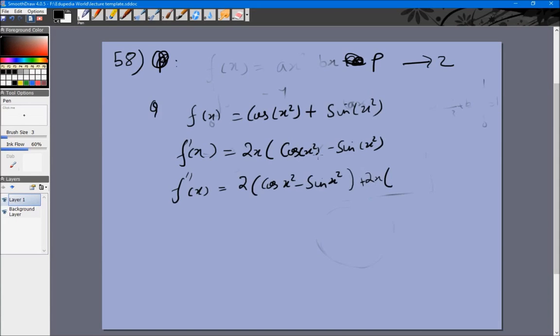So cos x squared will be minus sine x squared into 2x. Right, so we'll just take 2x common.